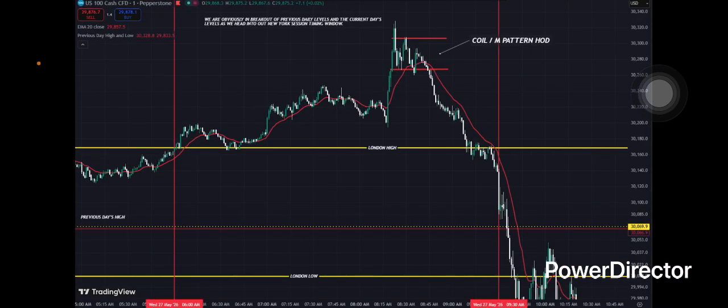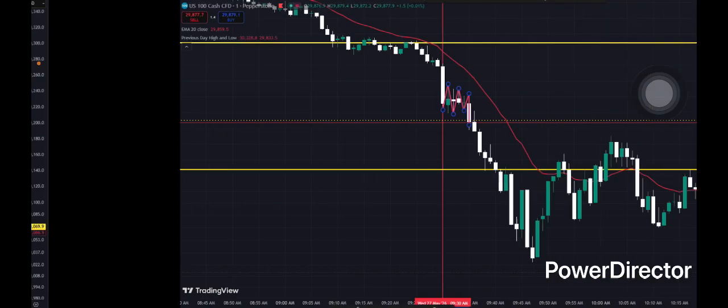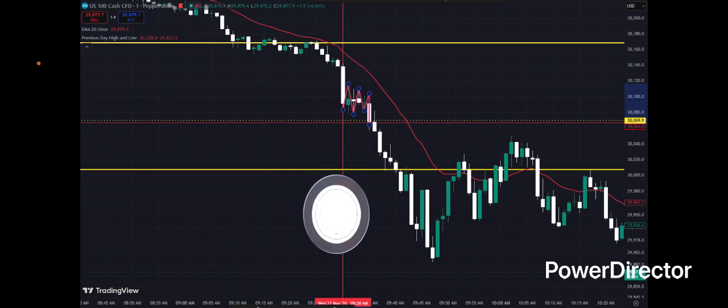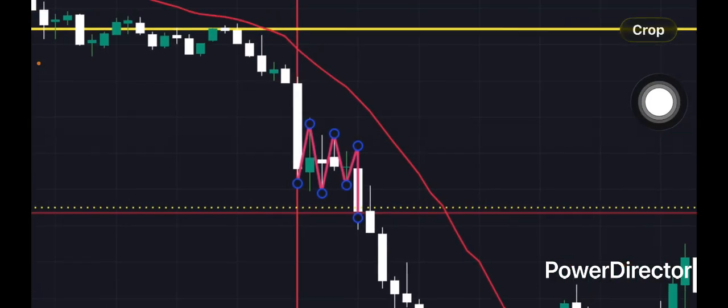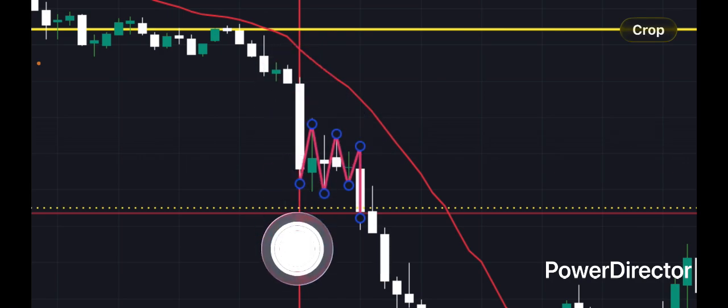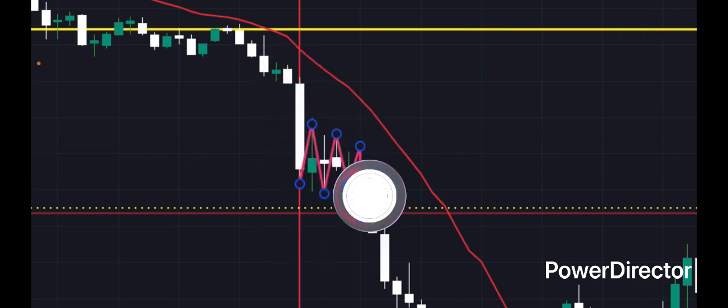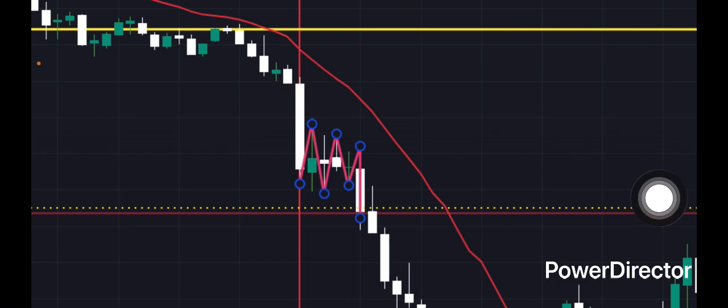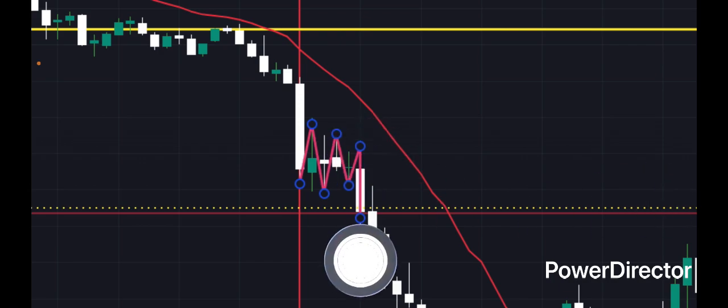Now, you still could have taken a low-hanging fruit entry on this chart after 9:30, and we'll zoom in and look at this here. So this red line again is 9:30. 9:30 gives us this big bearish candle, and then we coil sideways for 4 or 5 minutes here, and then we engulf to the downside.